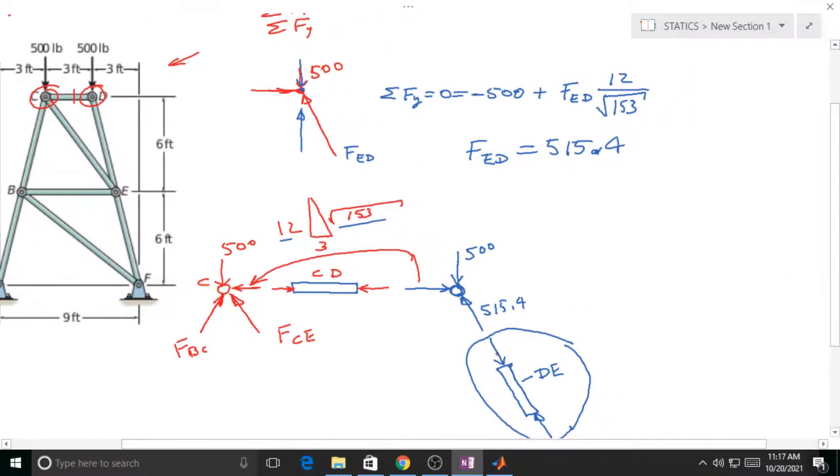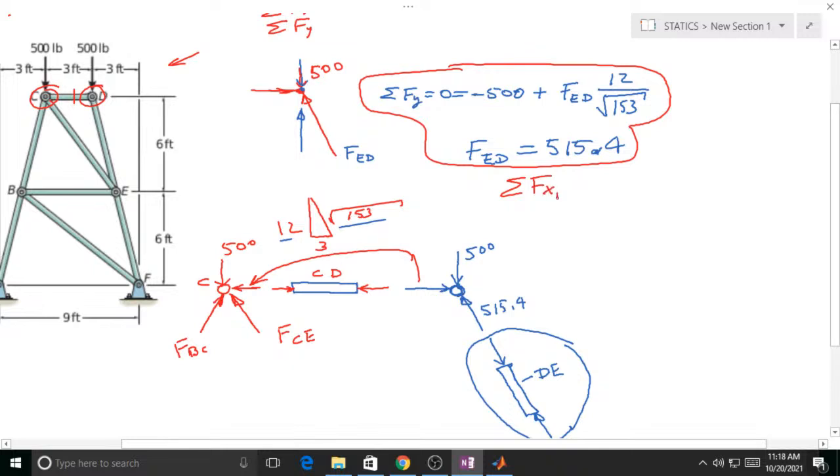So now I've done this one. I only have one more thing I can do. Sum of the forces in X on node D. I should say this is for D, and this one's for D as well. What I have is FCD, and then minus the component going this way.